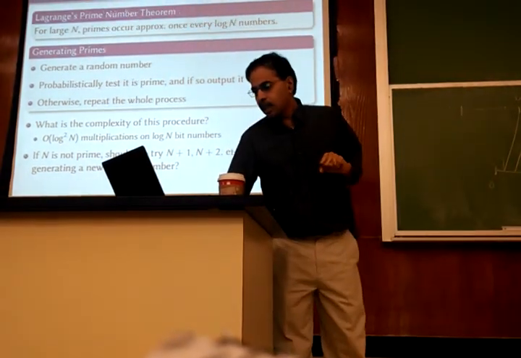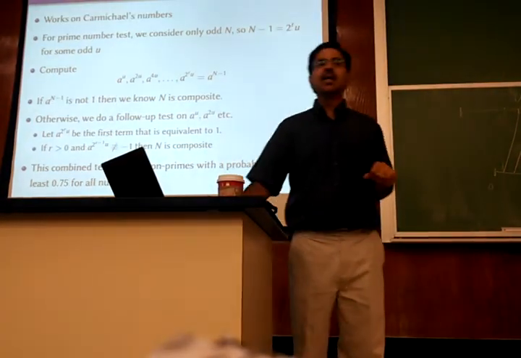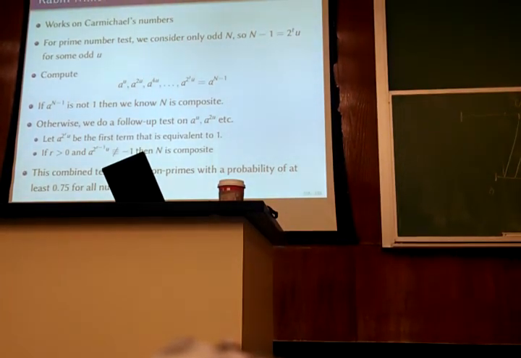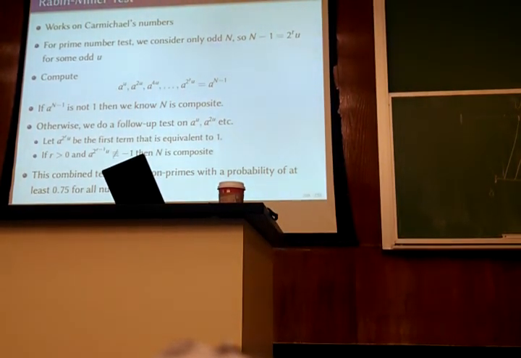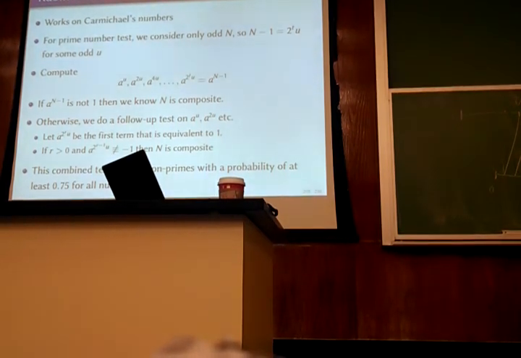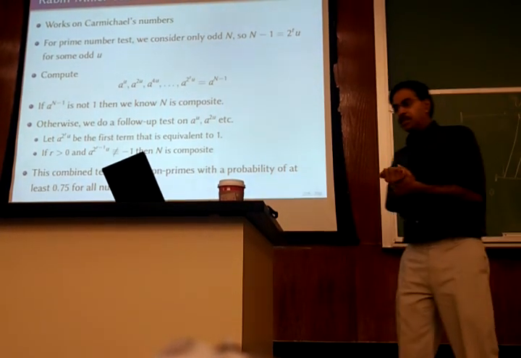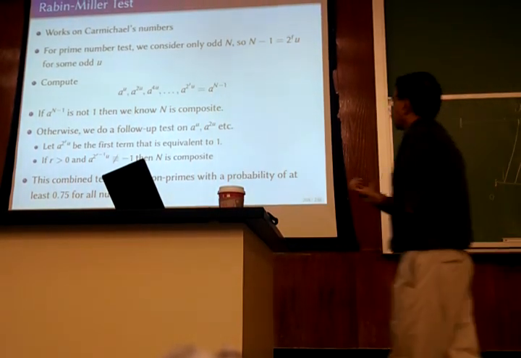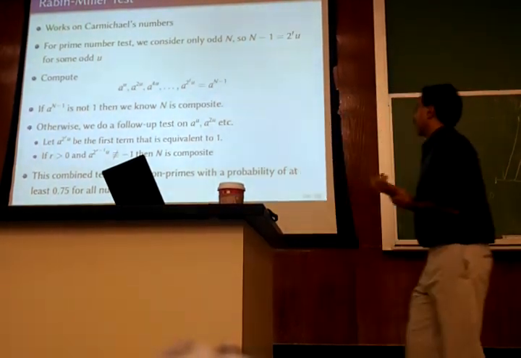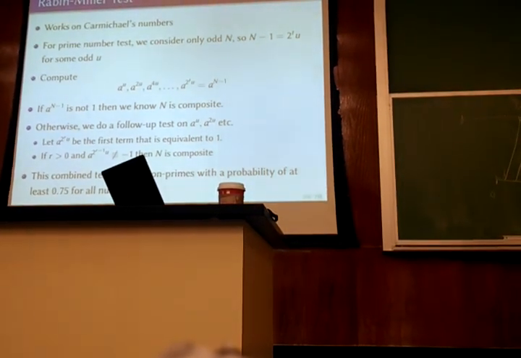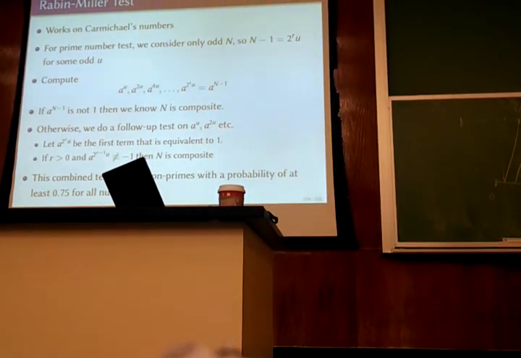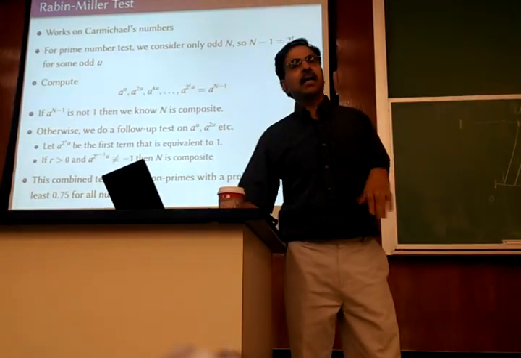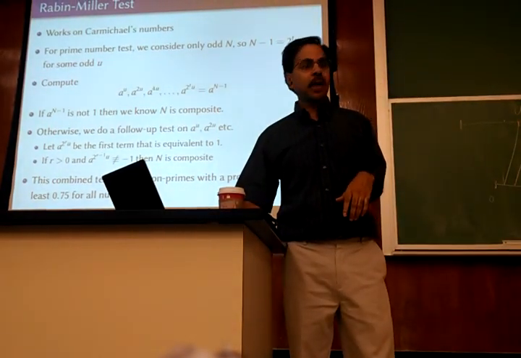Okay, so we know how to do this, except that we have Carmichael numbers, and we said they pose a problem. So in reality, you don't use Fermat's test. There is another test called the Rabin-Miller test, which is kind of similar. It's a little more involved, and it doesn't just compute a to the power n, but also looks at how you got there as you do recursive squaring, and then does a more complex test, and it is guaranteed to work correctly.